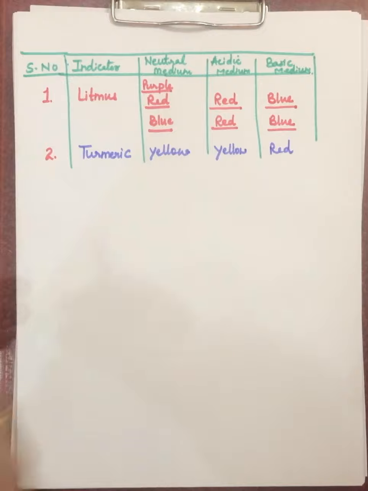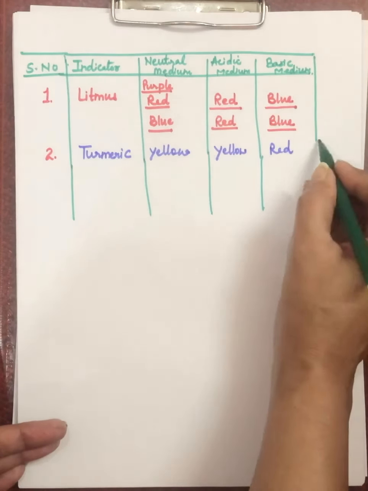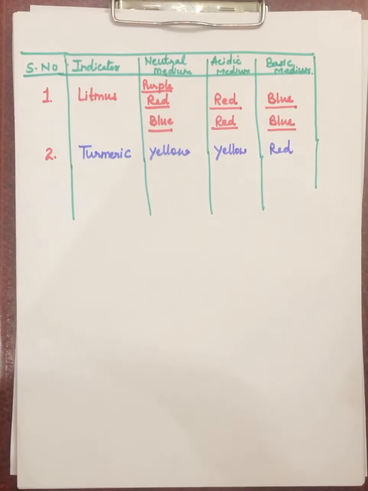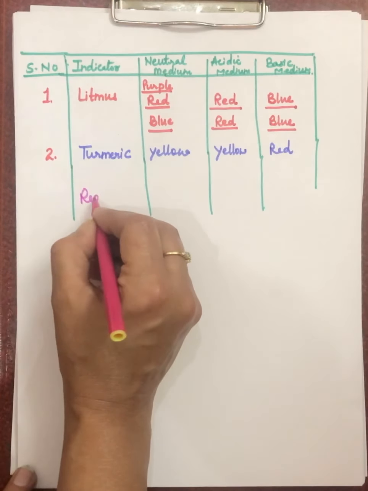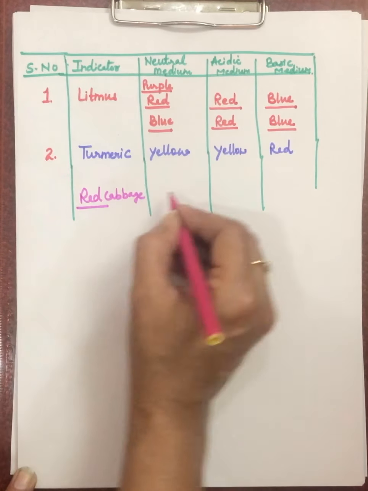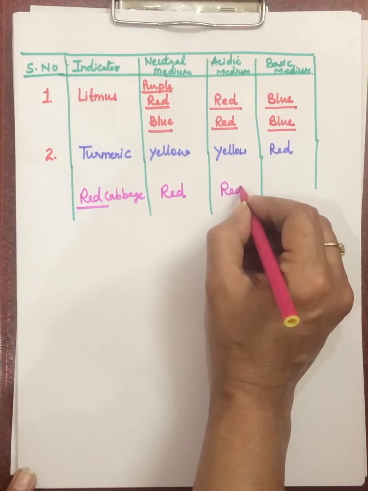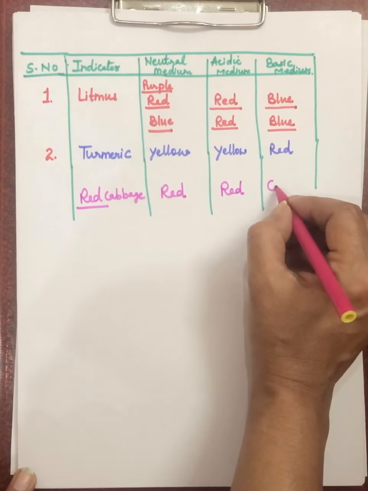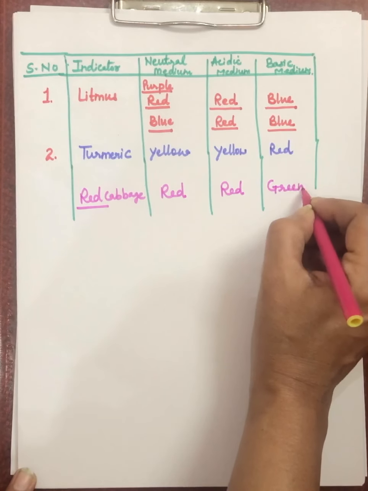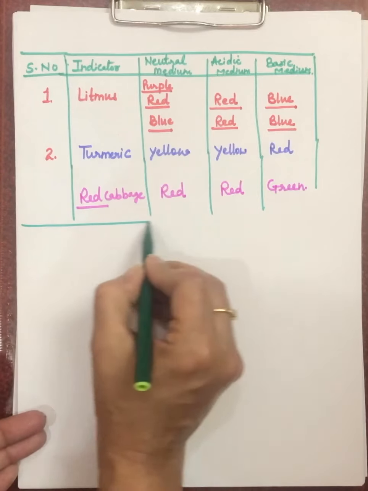Now, the third example of natural indicator is red cabbage. Again, from the name it's clear its neutral color is red. In acid it will remain red, but in basic medium its color will change to green. So these are our three natural indicators.